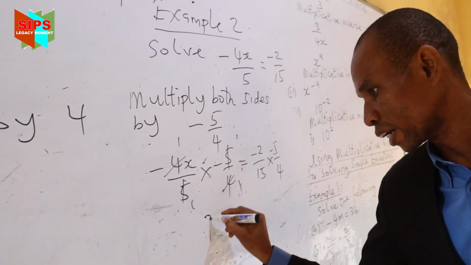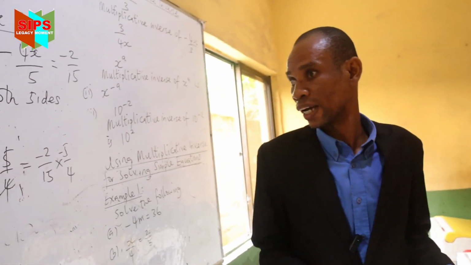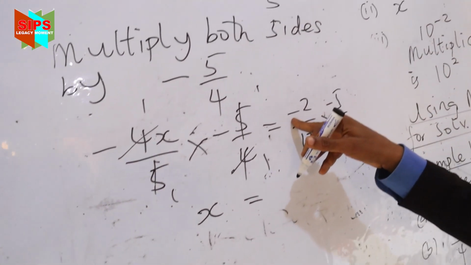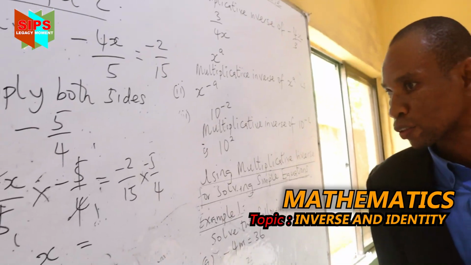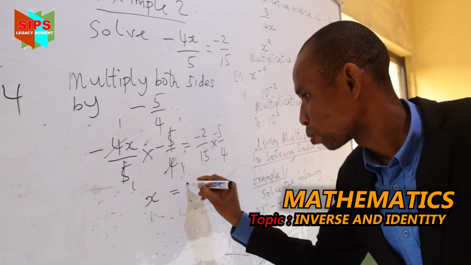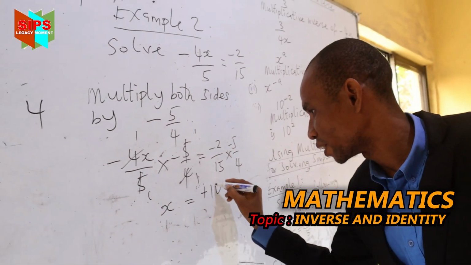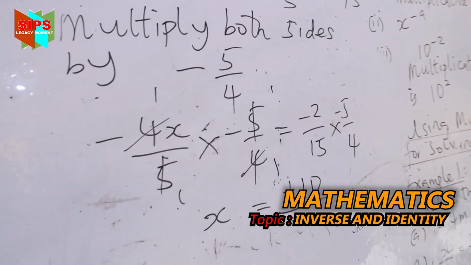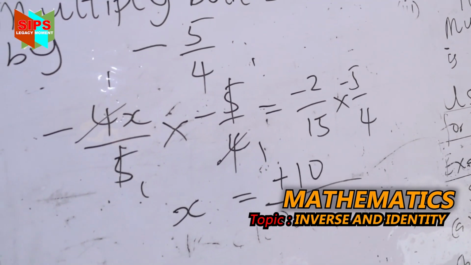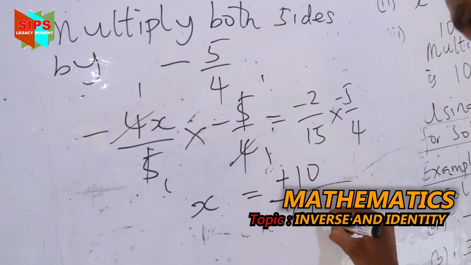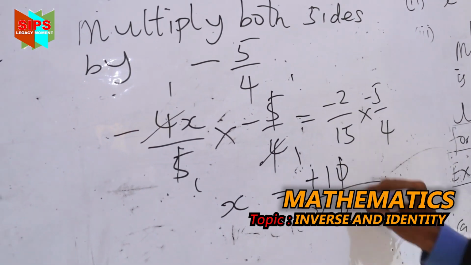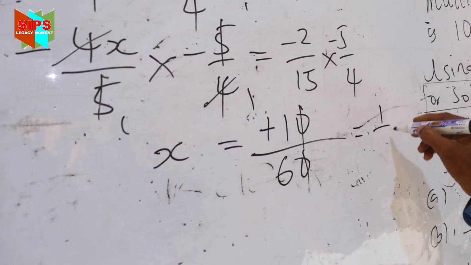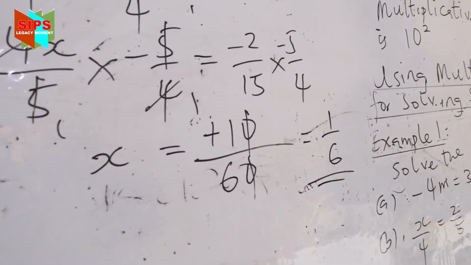So the value here is x, because x times 1 is written as x, is equal to minus 2 times minus 5, you have plus 10, all over 15 times 4, obviously you are having 60. So everything is plus plus. 0 will cancel out 0. Therefore, the answer is 1 all over 6.